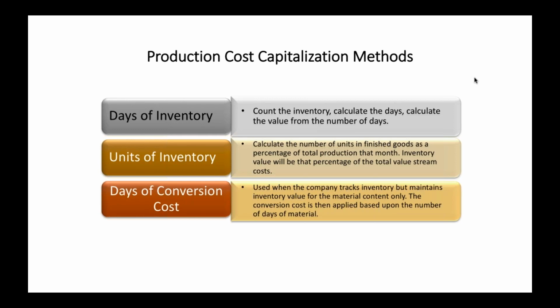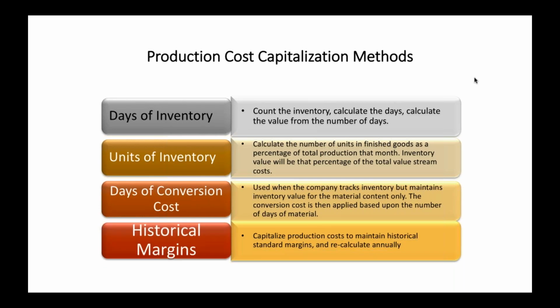You can use days of conversion cost, and again, conversion costs are the actual production costs. This works well if you're just going to capitalize labor and overhead and your material cost is still in your ERP system. And finally, historical margins and maintaining that. So what I'm going to do now is show you some examples of how all of these systems work.